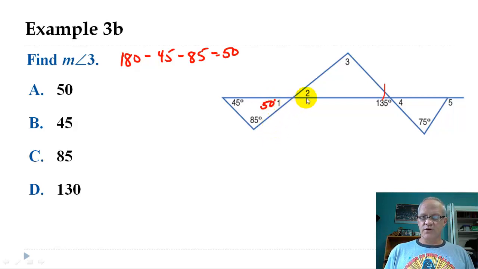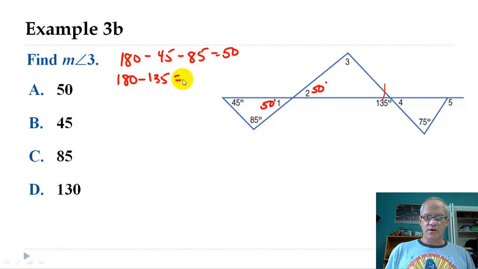Well, what do we know? Angle 1 and angle 2 are vertical, so this is also 50 degrees in here. So piece that together. On this side over here, we notice, hey, 135 and this angle right here are a linear pair, so they will add together to be 180. So all I would have to do there is 180 minus 135. And that would be 45.